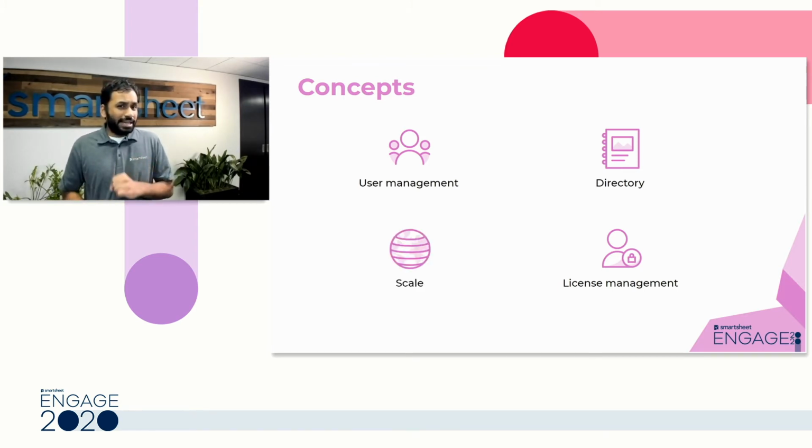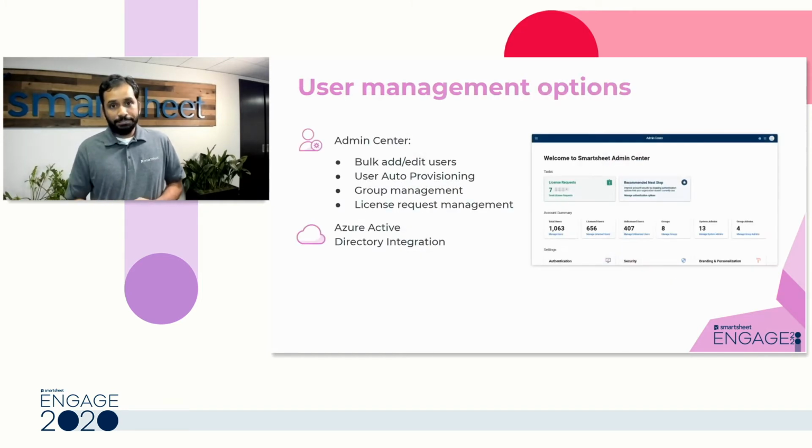The session title has the word scale in it. Now, scale can mean multiple things. In this context, scale talks about the list of users that you have in a Smartsheet organization. So any user management strategy that you adopt has to scale with the number of users in your organization. So we'll talk about that in the next slide.